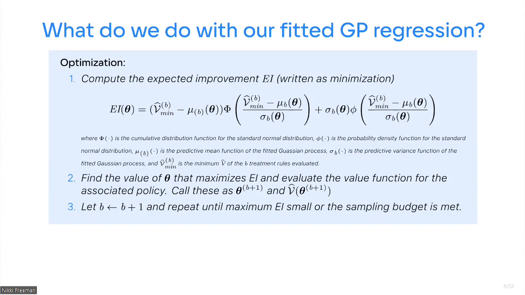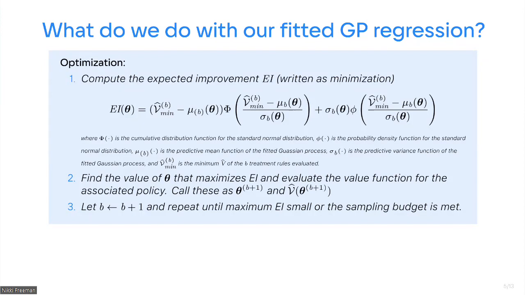EI is very simple to calculate and optimize over. So instead of having to optimize our value function, which might be weird or we don't know what it looks like, we can work with this EI, which is also called an acquisition function, and tells us what point we should be acquiring next to really try to learn where those optima lie. The expected improvement gives us a new theta. It says you should go here to get the most improvement.